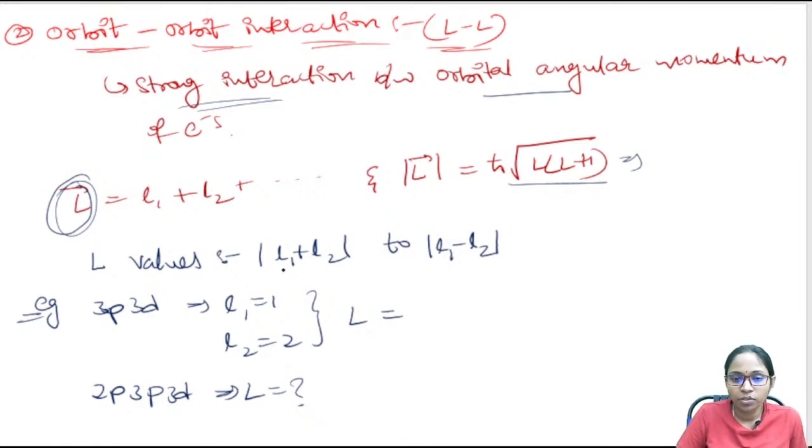And the L values: L can take values from modulus of L1 plus L2 to modulus of L1 minus L2. You have to take the modulus. For example, we have the 3p 3d configuration.